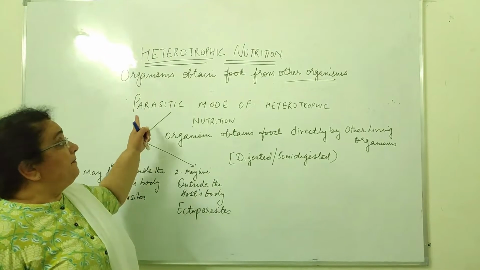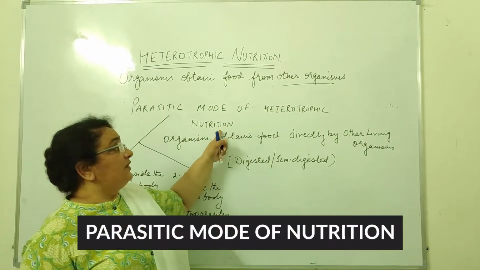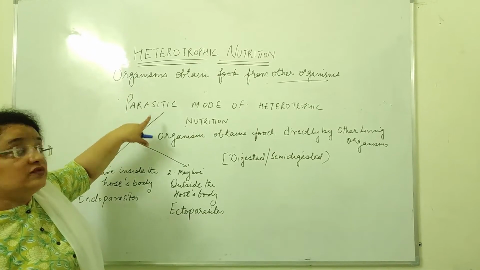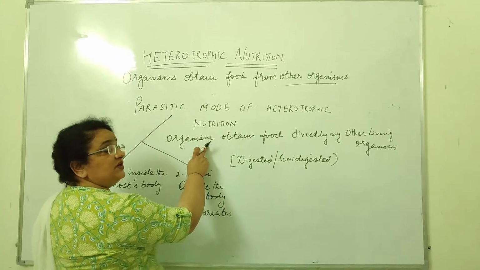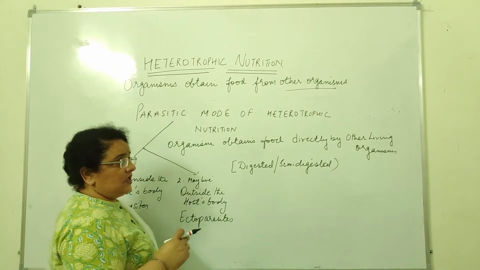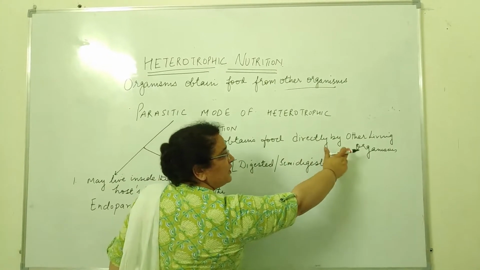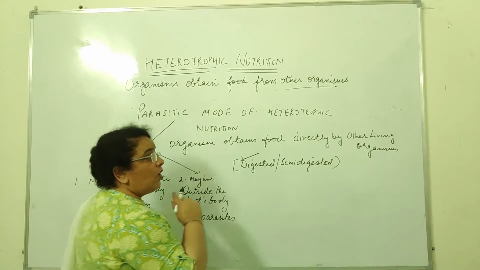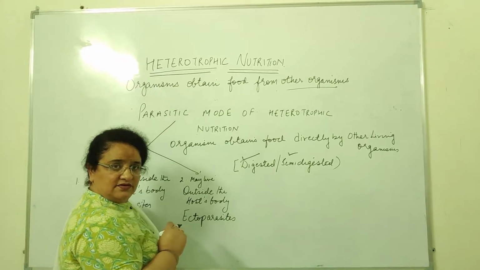Now coming to the parasitic mode of heterotrophic nutrition. What are parasites? Parasites are those organisms that obtain food directly from other living organisms. They obtain food from their body, and it may be in the form of digested food or semi-digested food.